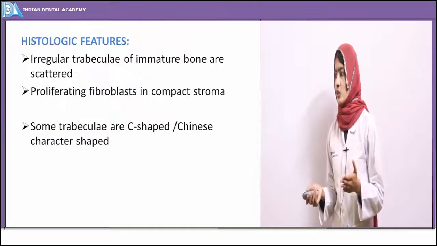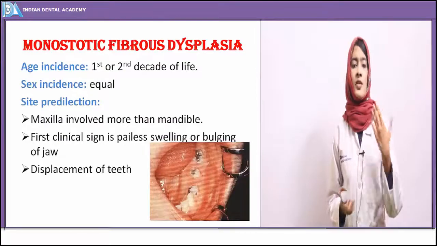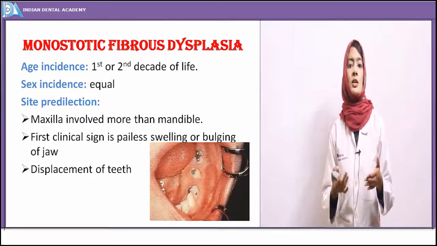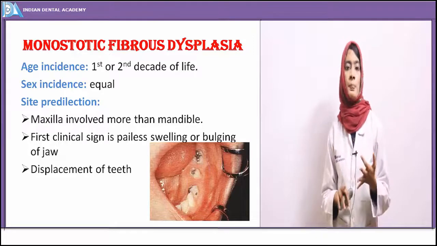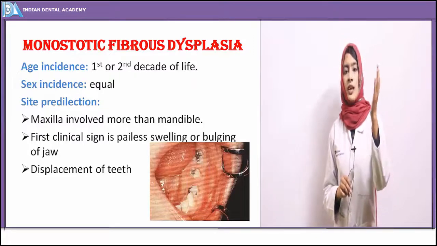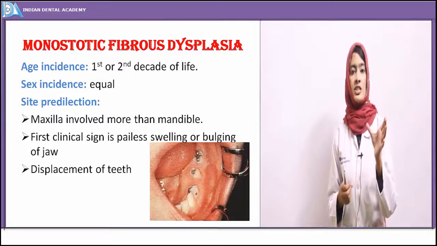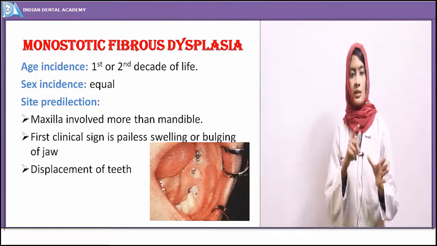Monostotic fibrous dysplasia also affects the long bones like the tibia and femur. In the radiologic picture of these lesions, a characteristic rind sign is seen.